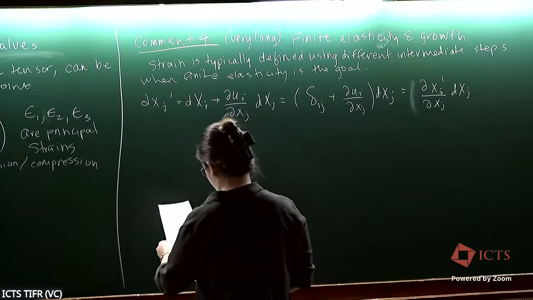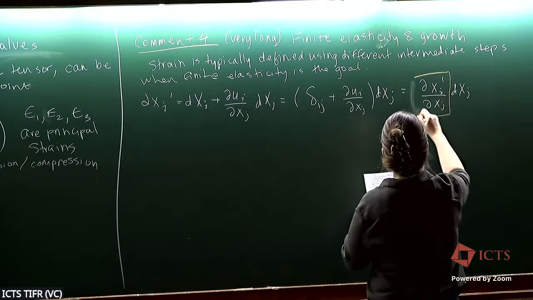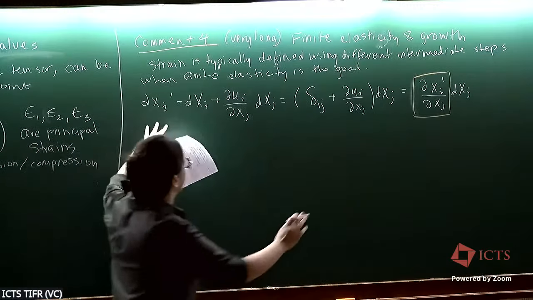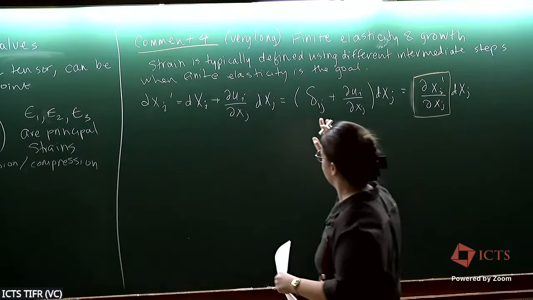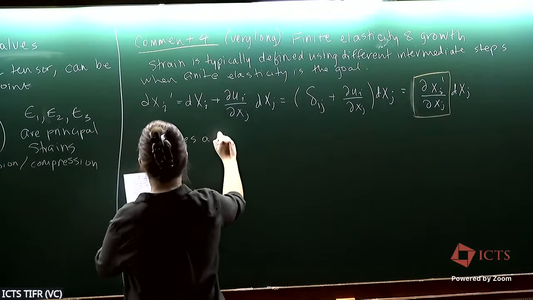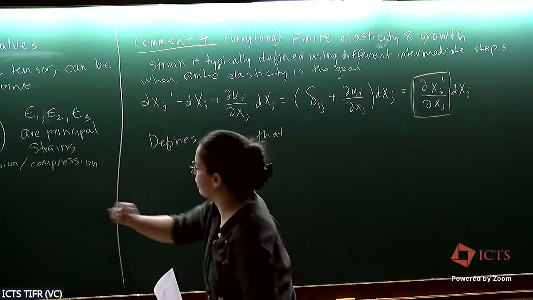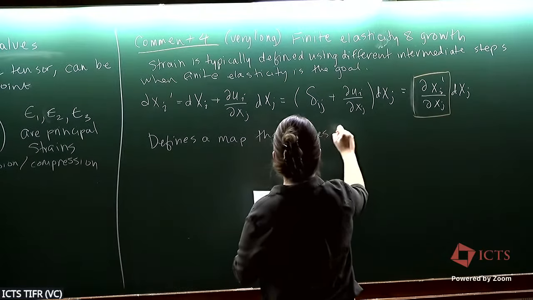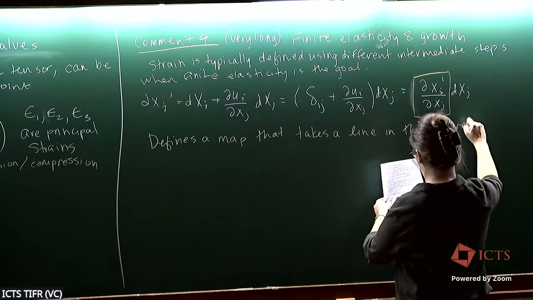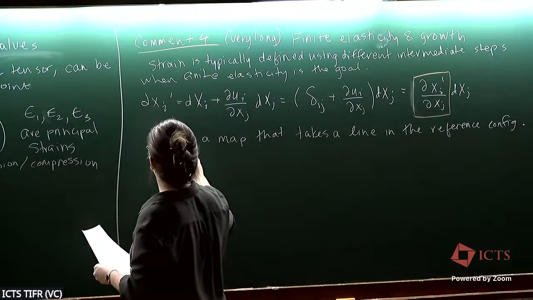What this now does is give us this very interesting quantity that we are going to focus on. But overall, what this step was always doing, and now we've rewritten it in a slightly different way, is we can think of this as defining a map that takes a line in the reference configuration and moves it to the actual configuration.